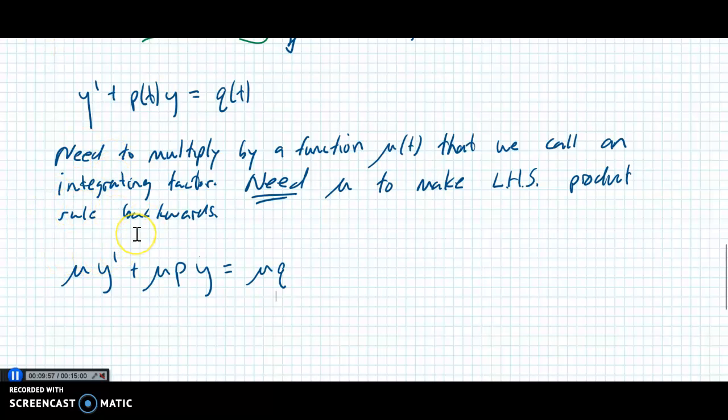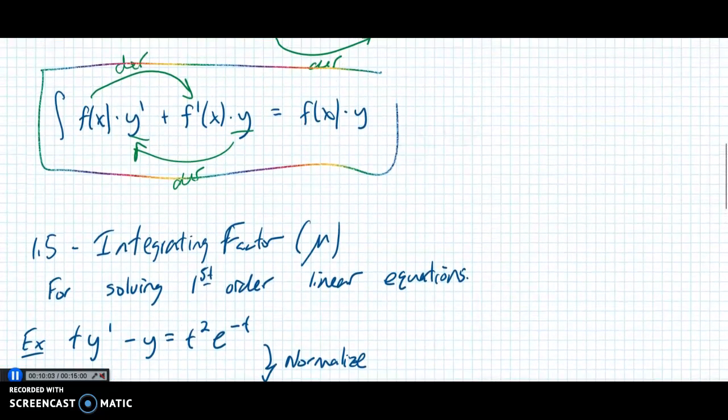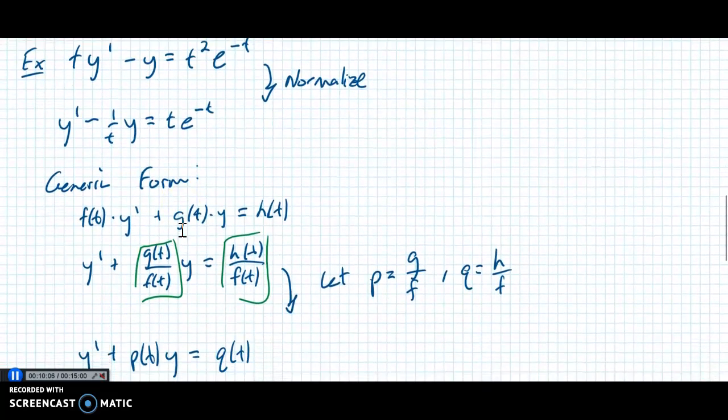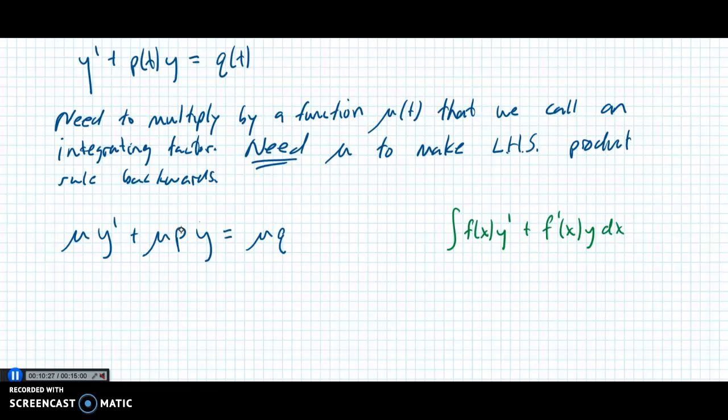All right, so let me pull up, I'll rewrite it, the little rainbow box from above. I know, and I'll just write it right here, that the integral of f of x y prime plus f prime of x y dx, and now we're working in t's, but whatever, is equal to f of x times y.